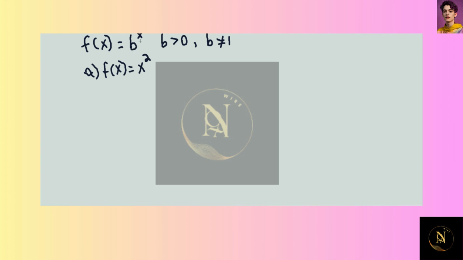No. Here x is your base, the independent variable is not in the exponent. This is x to the second power, a fixed exponent, so this is a power function, not an exponential function.